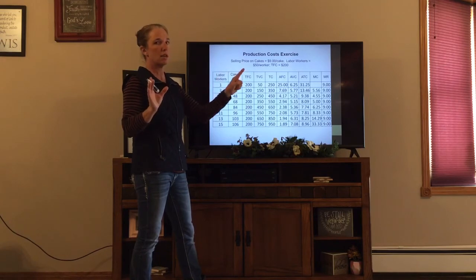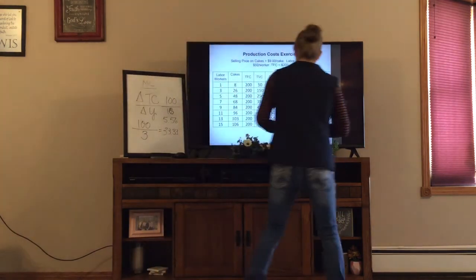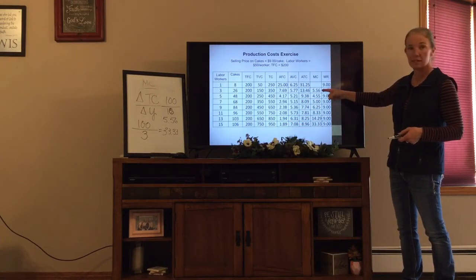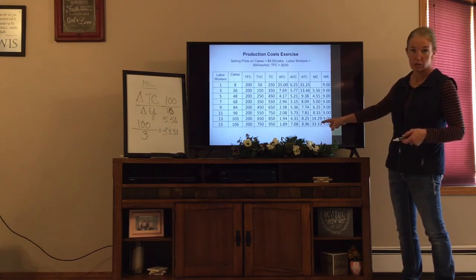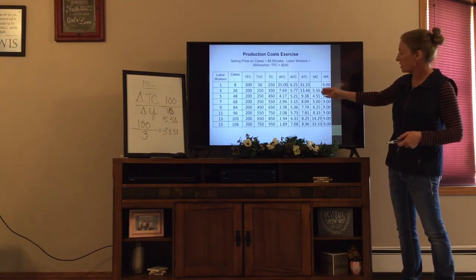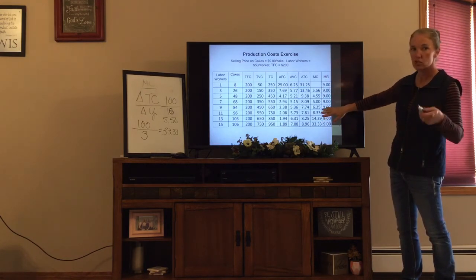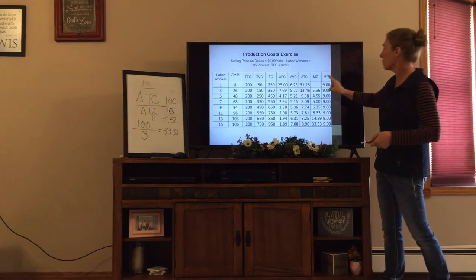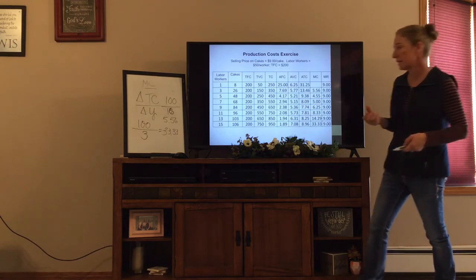One more cake makes $9 more. The costs, however, do change. One more cake here cost me $5.56. One more cake here cost me $33. So there is a definite change in what we see in the change in the additional costs that are produced. So remember, our goal is to find where marginal revenue and marginal cost are equal to one another, okay?